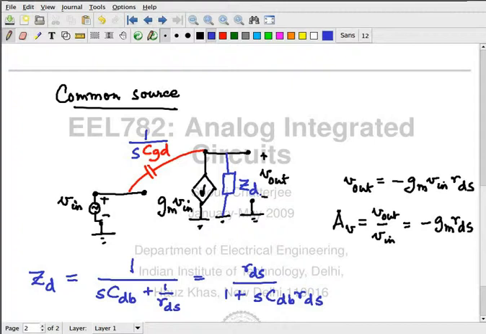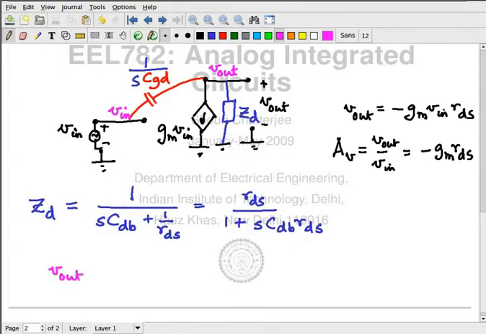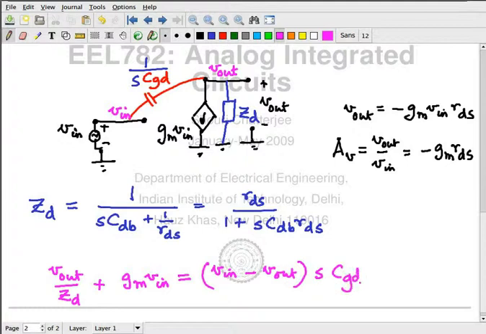Now what do we do? Kirchhoff's law. Is this okay?